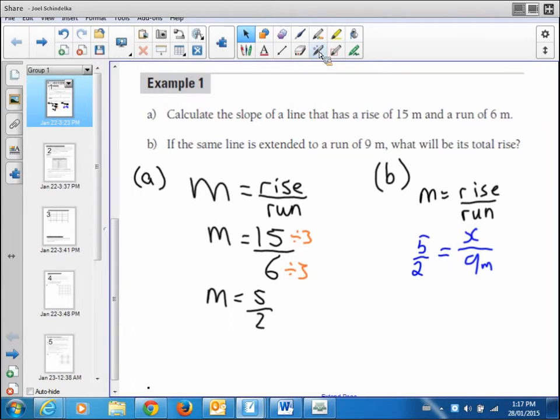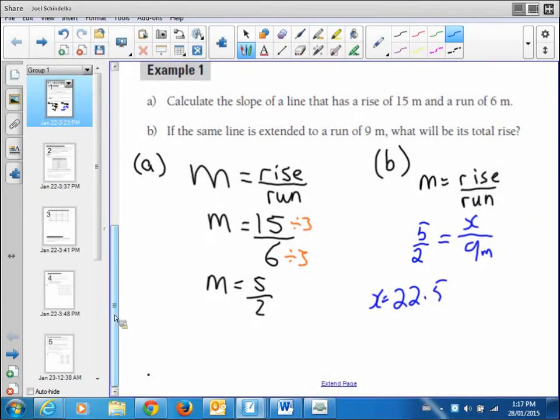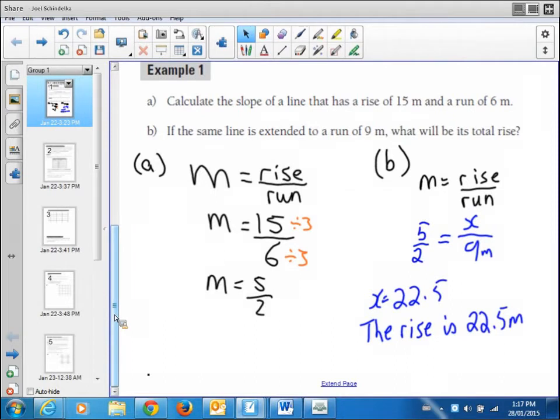So the total rise, in Workplace 30, I'm going to get more on you as far as word problems. So I'm going to say the rise is 22.5 meters. It's going to start to be an expectation that we label our answers with a small statement at the end.